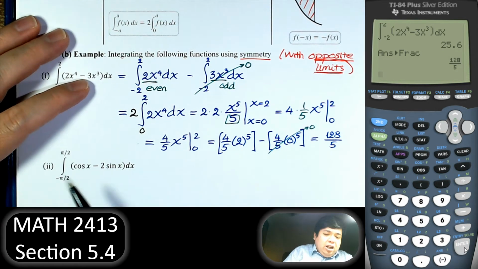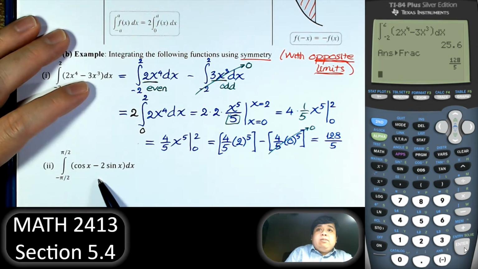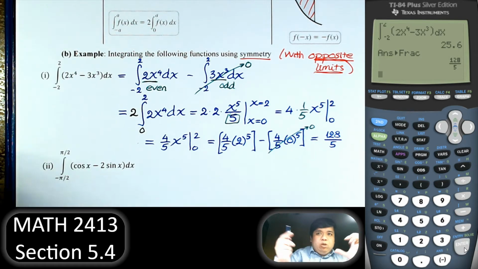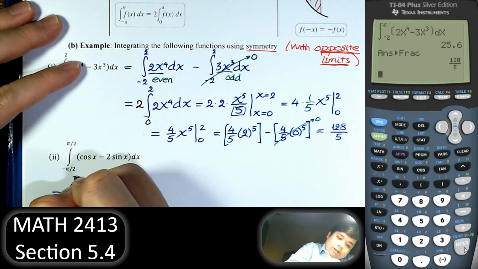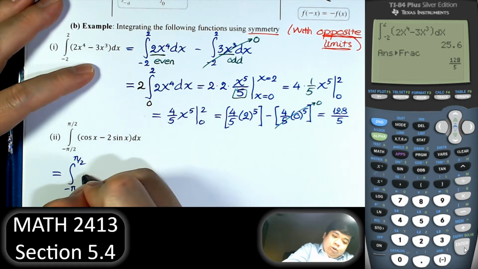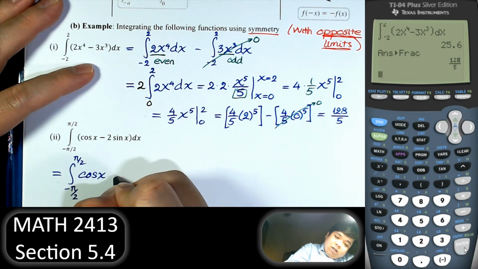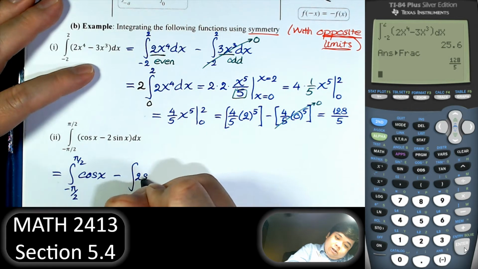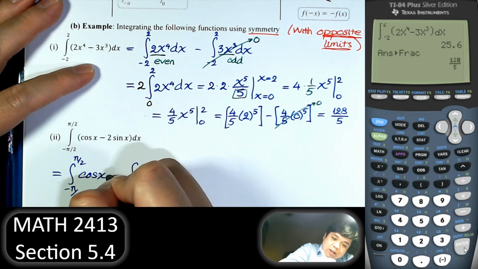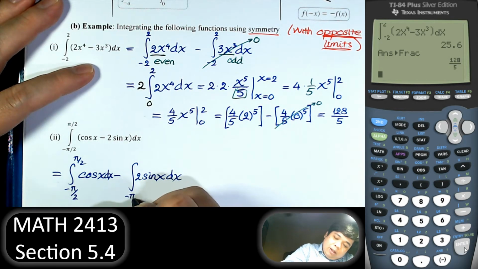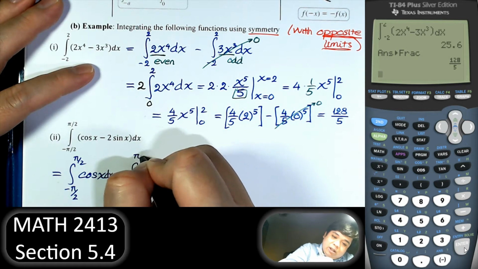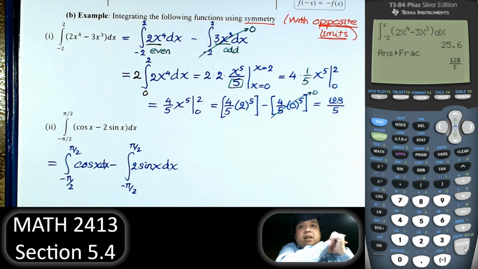Next, cosine is even, sine is odd. So with the mixture of them, we have to separate them so we can actually use this term. We split them in 2. So the limits are symmetric, and the function is defined.